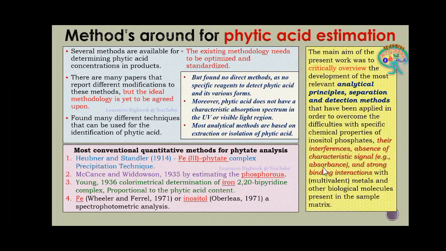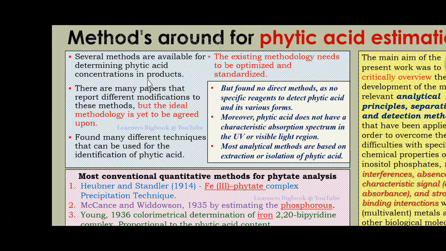Now further, there are several methods available to determine phytic acid concentrations in food products. We have seen many papers with different modifications to these methods, where compared to each paper there are modifications made to estimate or measure the phytic acid and the phosphorus.